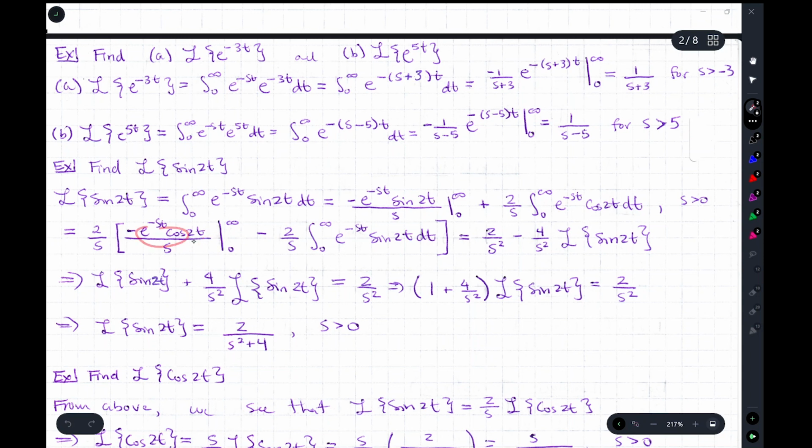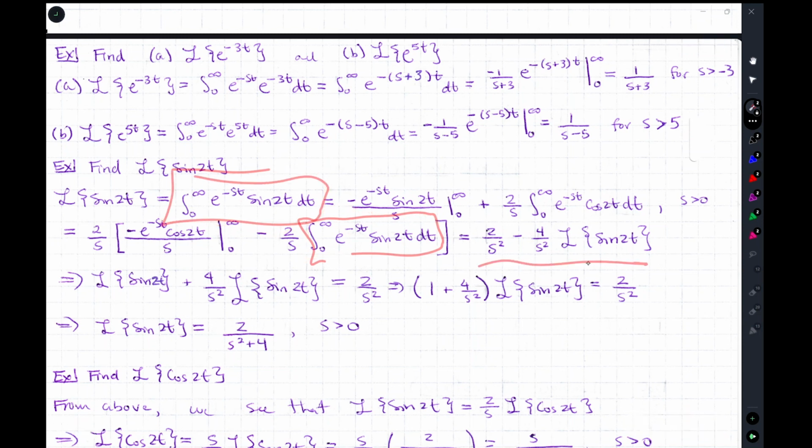And so you get 1 over s from this boundary term there, and that's why you have 2 over s squared there. But anyway, once you carry this out, notice you're back to, what is this? This is exactly what we started with. Okay, this is exactly the same thing we started with. And so you're left with this expression.